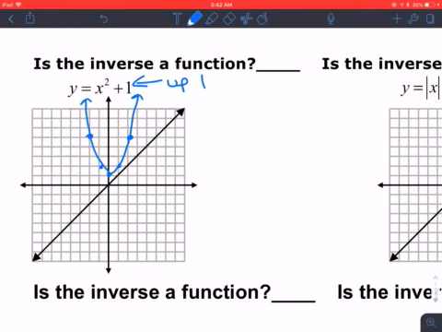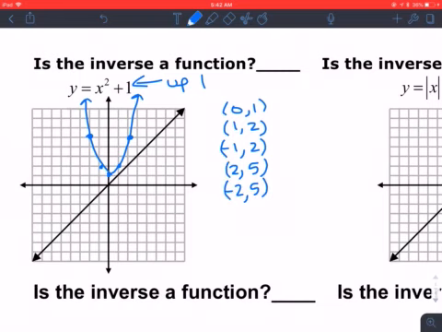Alright, so we have a few different points here. We've got a point at 0, 1, 1, 2, negative 1, 2. We've got one at 2, 5, negative 2, 5.